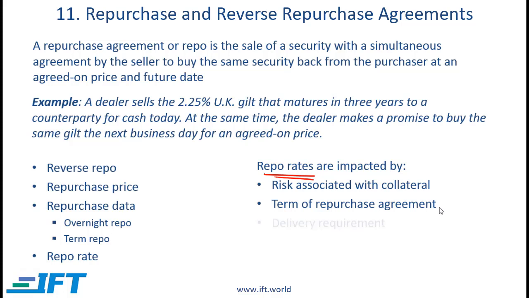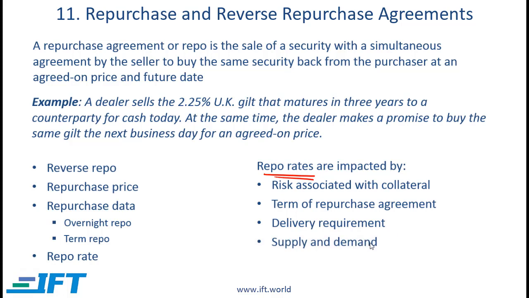Delivery requirement: in the example I just described, the underlying collateral was actually delivered. There might be scenarios where the underlying collateral is not delivered. And as you might imagine, if the delivery requirement exists, in other words, the underlying is delivered to the counterparty, then the repo rate is lower.